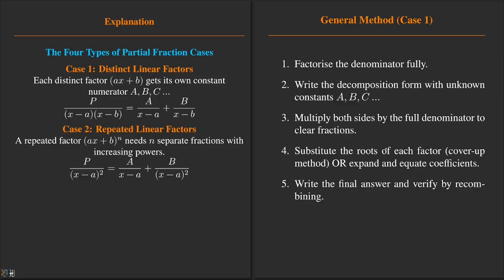You substitute the root of each factor, or you expand and equate the coefficients. Now, there are 2 methods we use to find the constants, that is A and then B. In this lesson, we'll go through both so that at your own disposal, you choose the one that you think you would understand best. But I would always advise you master both, after which you write the final answer and verify by combining. With these steps, let's now quickly solve some examples.